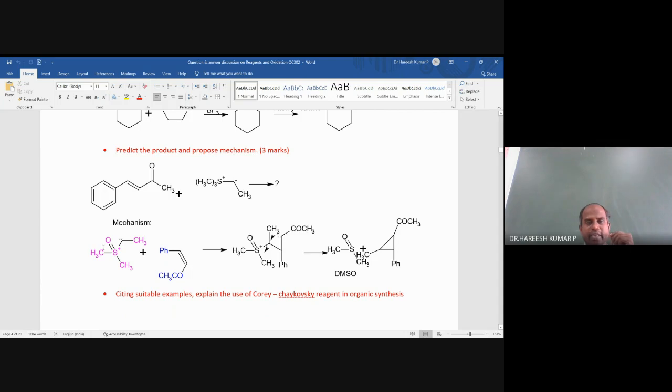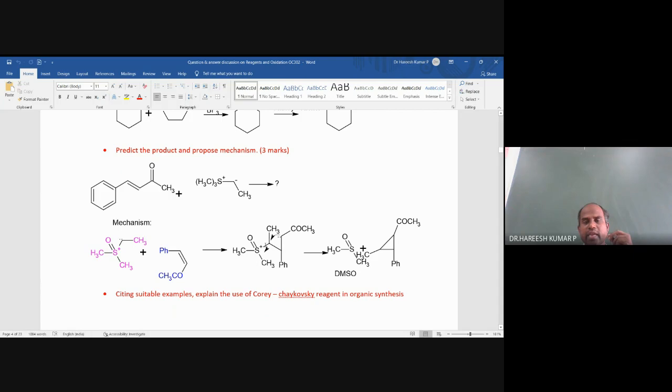So this anion will react with this carbonyl carbon. When there is a reaction between the anion and this carbonyl compound, there will be a formation of an intermediate like this. Then afterwards, the base can capture one more proton from here and form an anion.